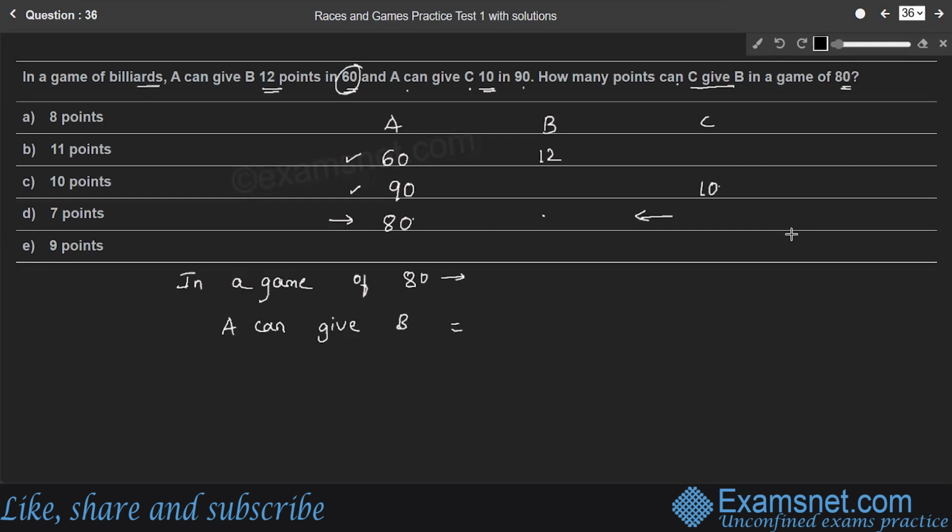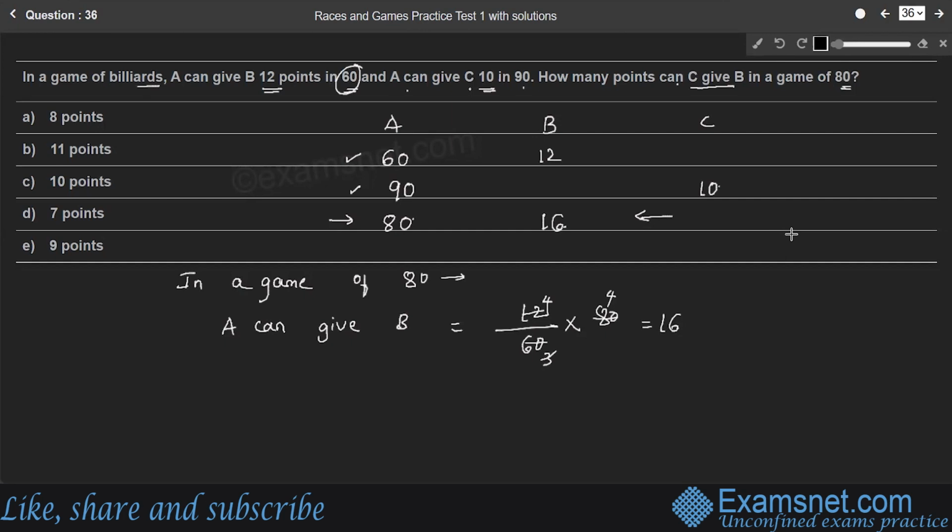In a game of 60, A can give 12 points to B. Therefore, it is 12 by 60 into 80. So 20 into 4, 20 into 3, 3 into 4, 4 into 4 is 16 points can be given to B by A in a game of 80.